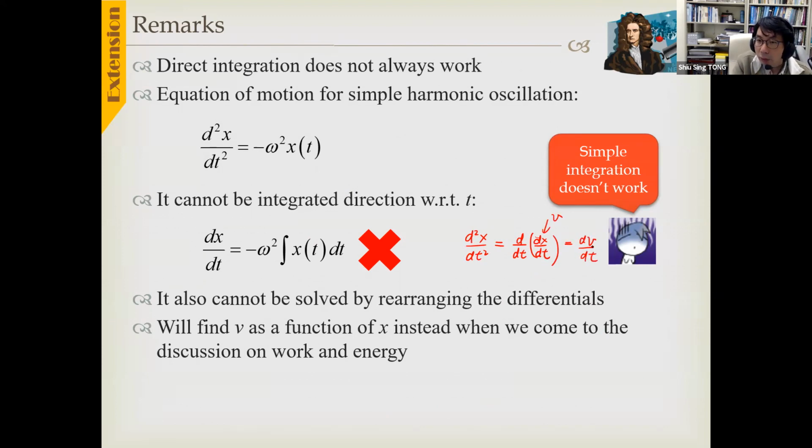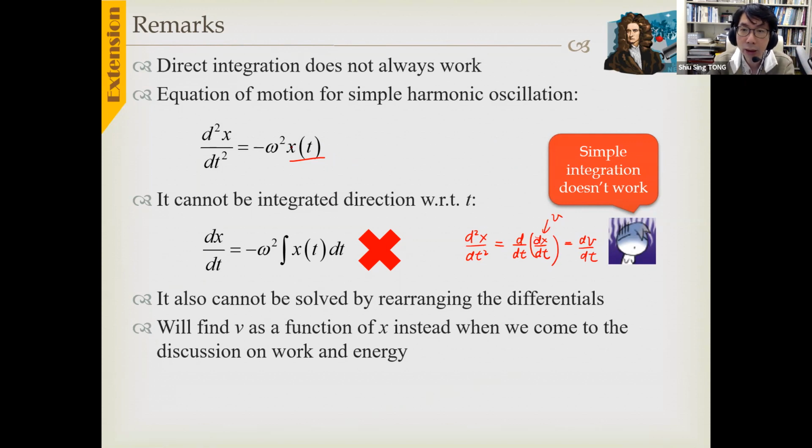Now, if the variable on the right-hand side is x, we can rearrange the differential equation such that the left-hand side consists solely of terms involving v, and the right-hand side is solely in terms of t. But now we cannot do that. Why?